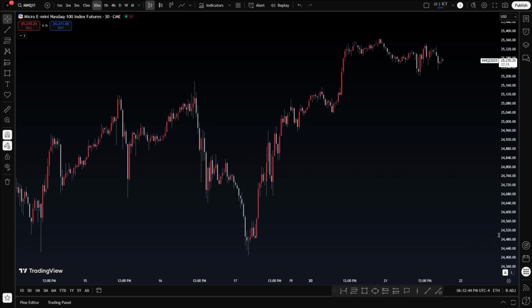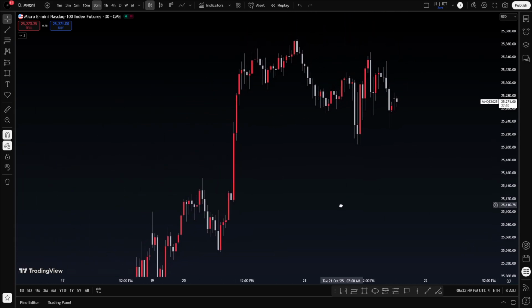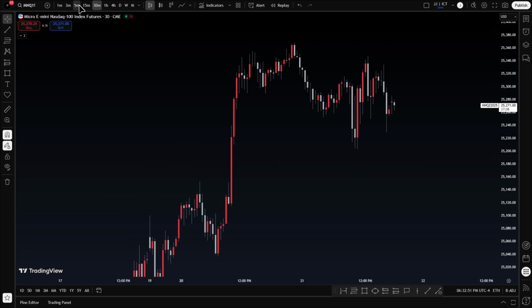They're correlated. But those very small differences that you see in price, those desynchronizations, those are the SMTs. Those are the smart money divergences, because the two correlated assets that are supposed to be doing the same exact thing are desynchronizing. They're not correlating. That's what creates the divergence, because they are diverging.